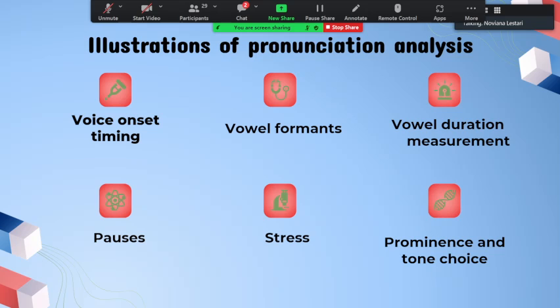And then we have prominence and tone choice. This syllable would be flagged as a prominent syllable, since there is a significant rise at the beginning of the syllable and then a drop towards the end. This syllable would be marked as prominent with a rise-fall.